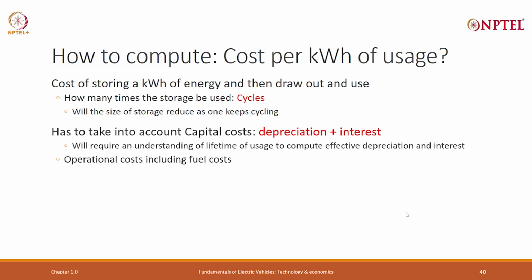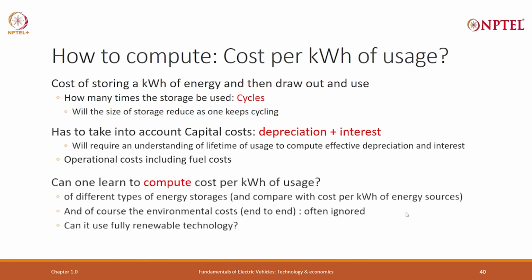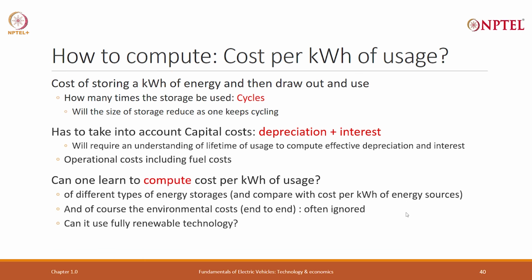This will require an understanding of lifetime usage to compute depreciation and interest. And then of course, I have to take the operational cost, fuel cost. Can one learn to compute the cost per kilowatt hour of usage of different types of energy storage and compare with the cost per kilowatt hour of energy sources?